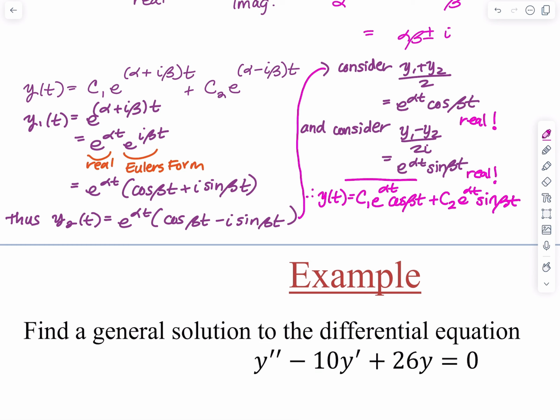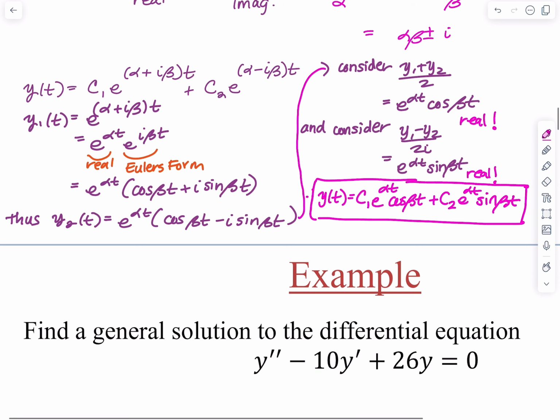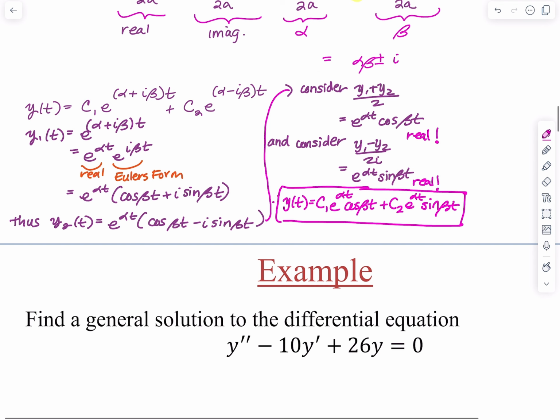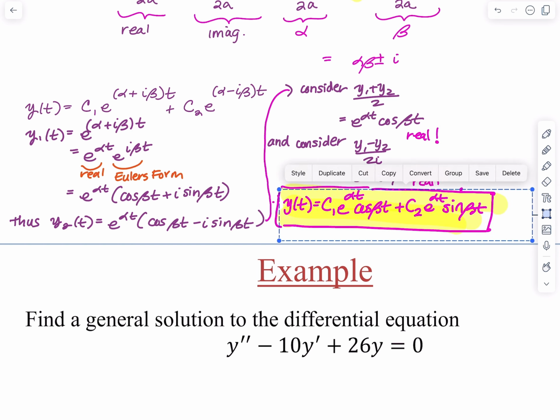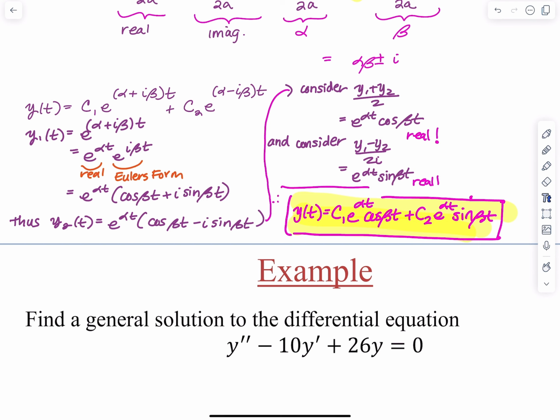And there we have our solution, and these are our complex pair of roots. So let's go ahead and give this a try. So this is what we will be using.